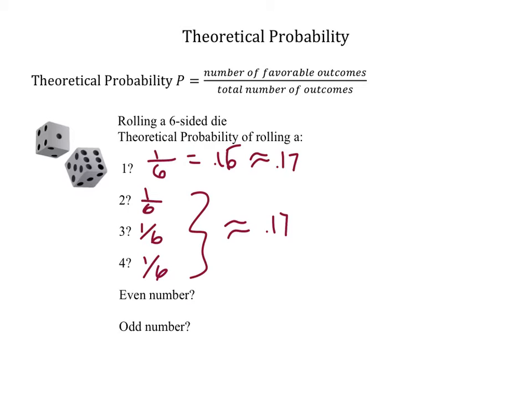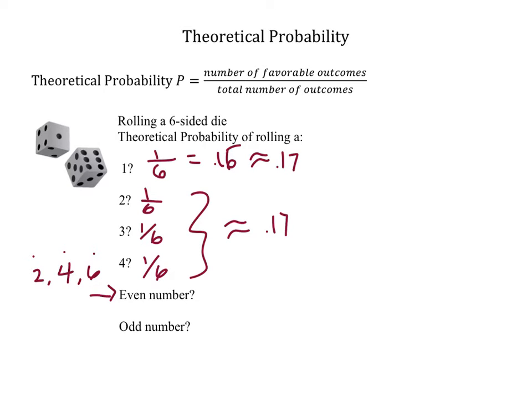Now let's look at even numbers. What is the theoretical probability that I'll roll an even number? For this one, I have more than one favorable outcome. What are the even numbers between 1 and 6? I have 2, 4, and 6. So I'm asking, what's the probability that when you roll your die, you'll get either a 2, a 4, or a 6? I know there are still 6 options, but now I have 3 favorable outcomes.